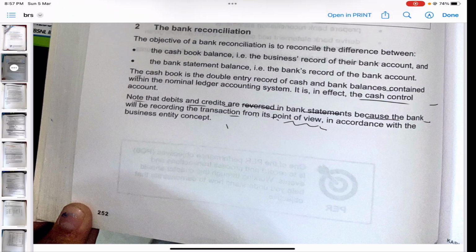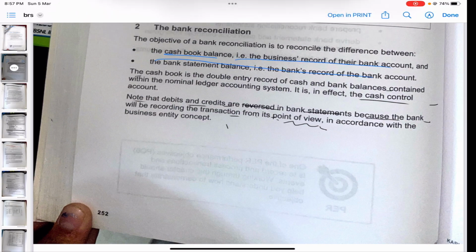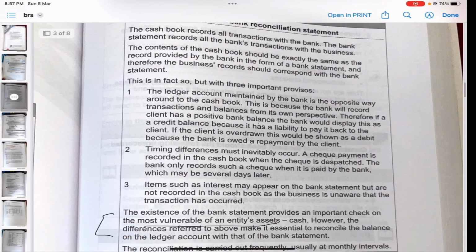The cash book balance is the business's record of its bank account and the bank statement is the bank's record. We read all this.